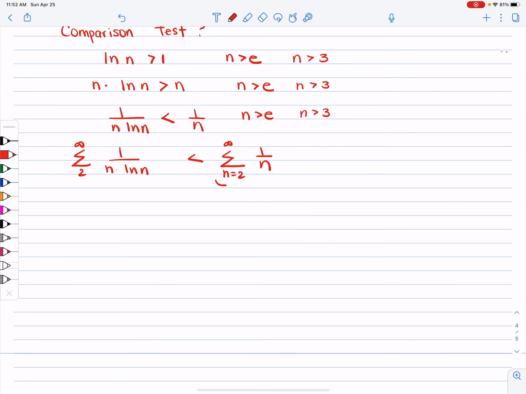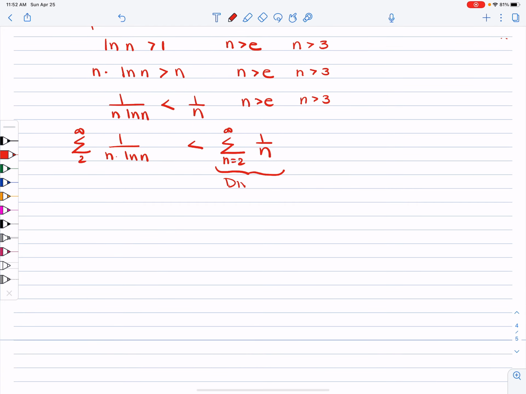We are going to, in a little bit, make the argument that this here is divergent by the harmonic series, or divergent by the p-series test. We are going to make the argument because remember, the harmonic series or the p-series begins at 1 and our series here begins at 2. But let me talk about that in a second.